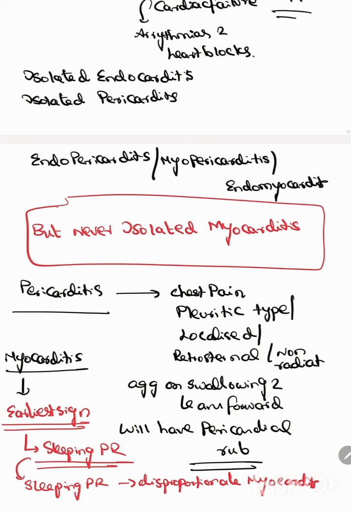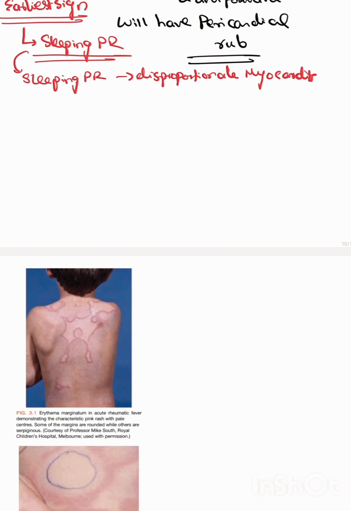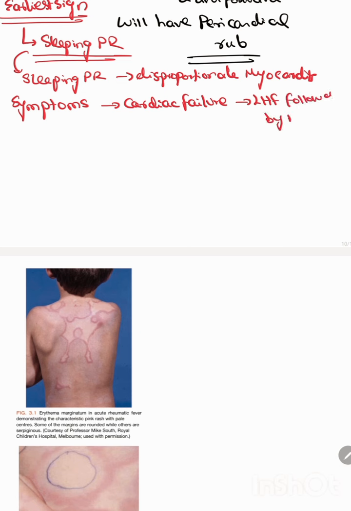And the children will also have signs and symptoms of CCF, congestive cardiac failure, and it will be left heart failure followed by right heart failure. You will develop pulmonary edema, then pedal edema.